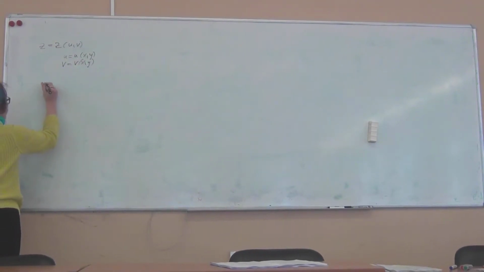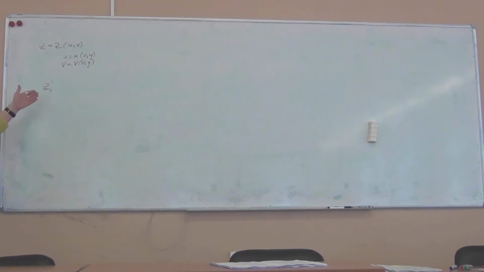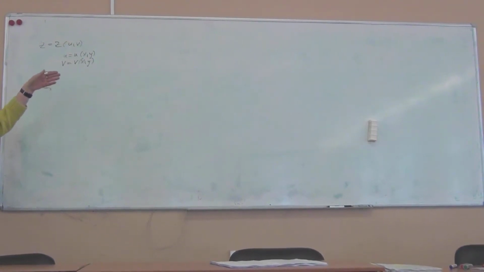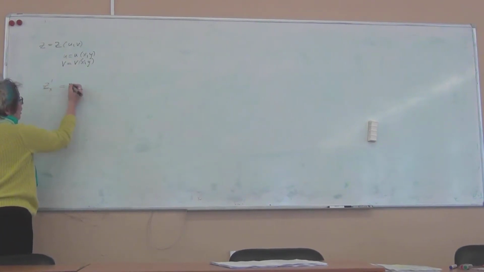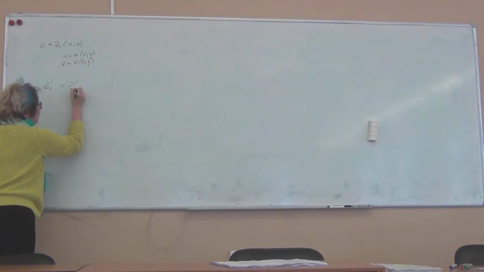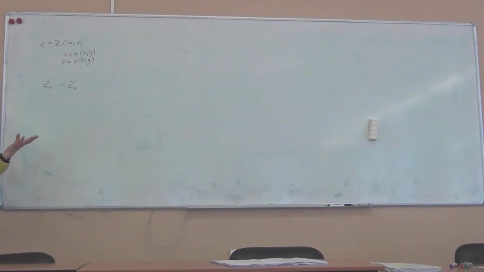Which means if I want to find the derivative of z in terms of x, I will write it in two different ways: in prime notation, and in the dz over dx notation. First, we derive z in terms of u, the partial derivative.